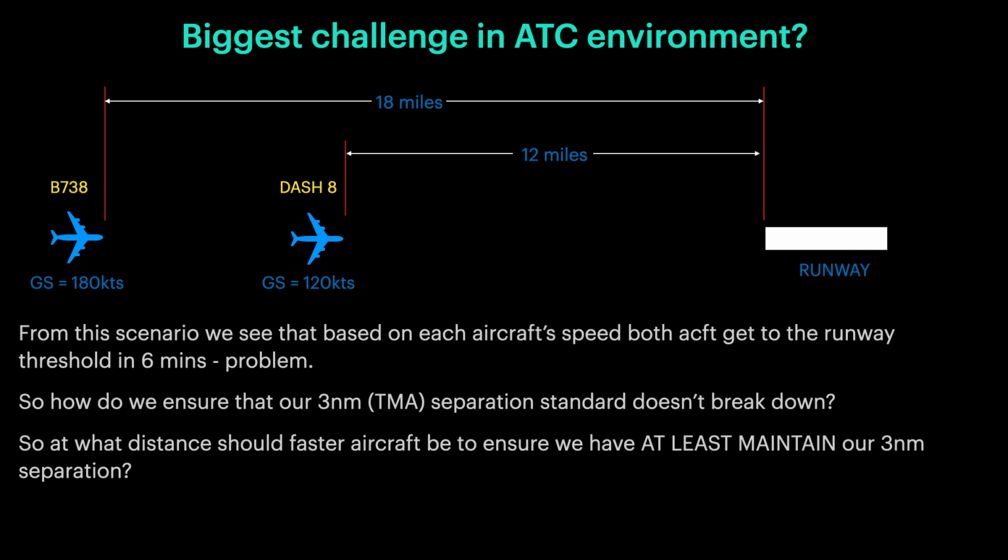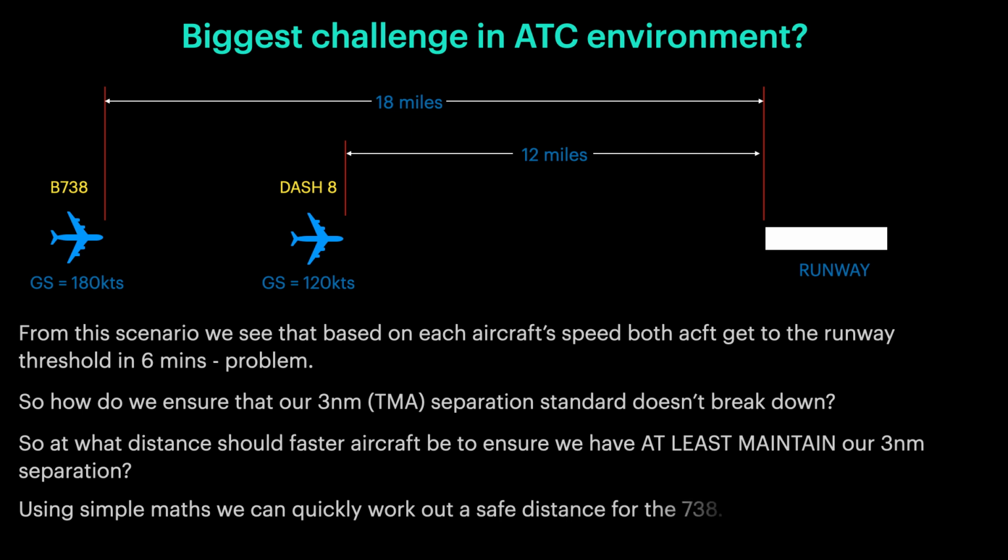It's one thing to identify a problem, another thing is to alleviate it. So today I'm going to be going through some simple maths that I use to quickly work out a safe distance for the 737-800, or any jet. It doesn't have to be the 737.